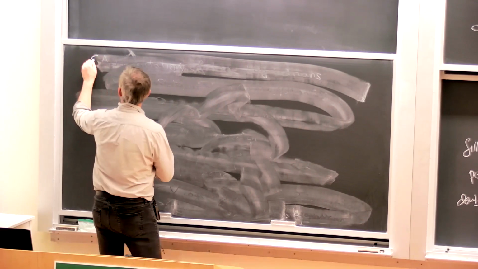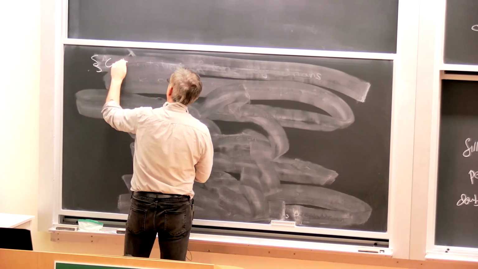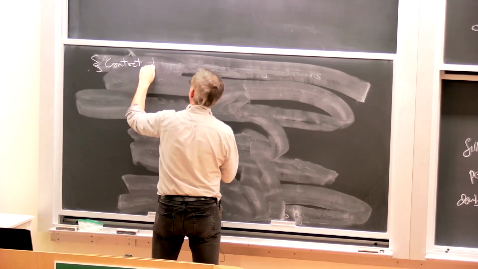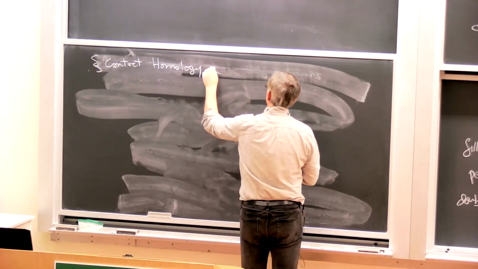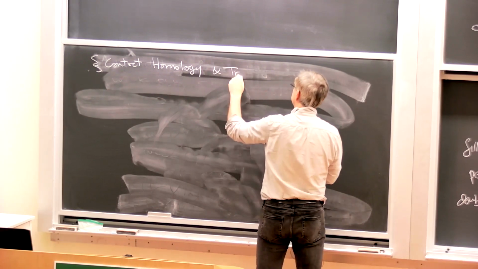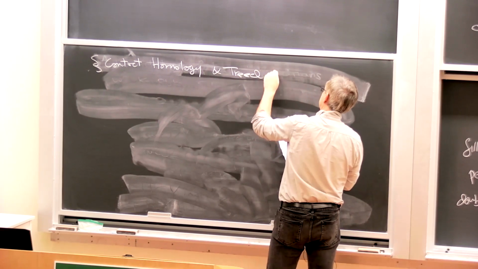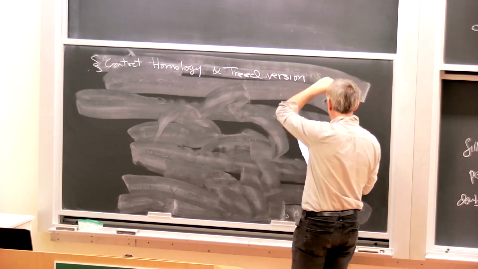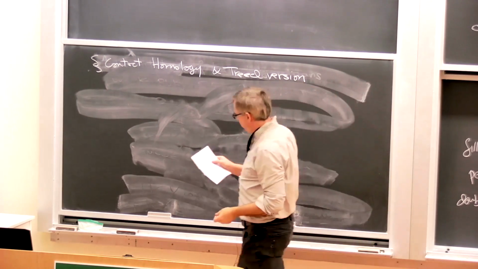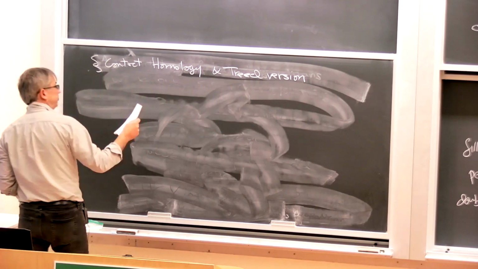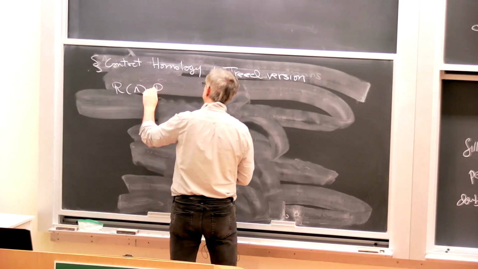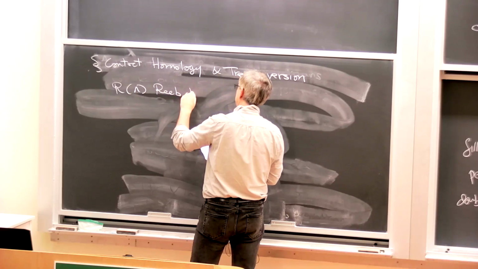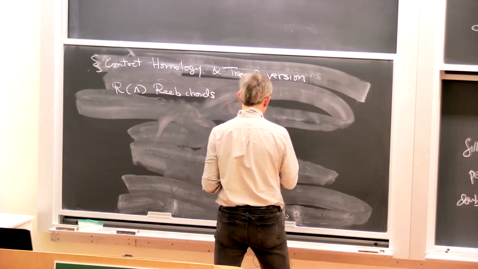Okay, so I want to talk about contact homology of Lagrangians in its treed version. To define contact homology for Lagrangians, we start off by looking at the Reeb chords.